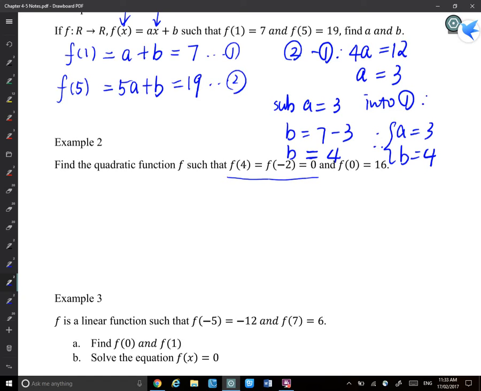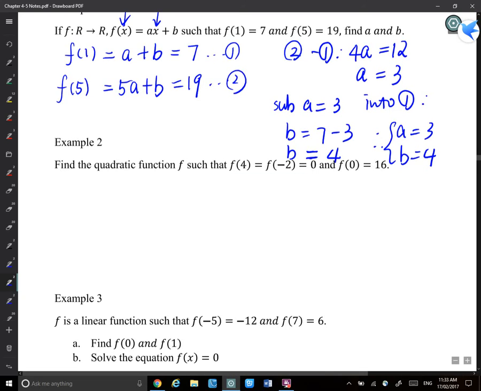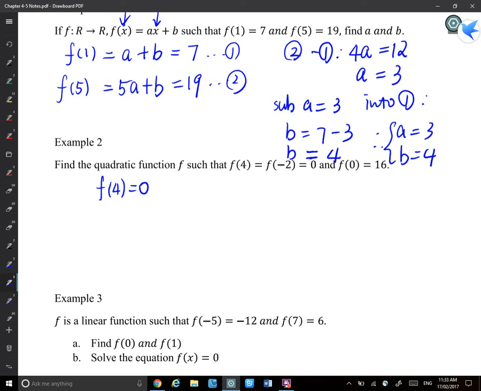What's the y value where x equals 4? What does f(4) equals 0 mean? Yes. When you sub 4 in, this equation gives you a value of 0. So the y value is 0.